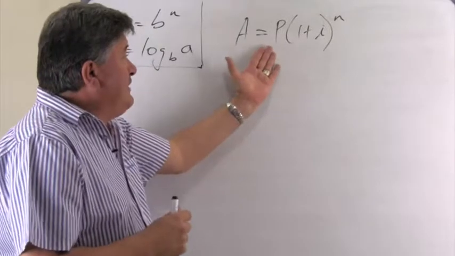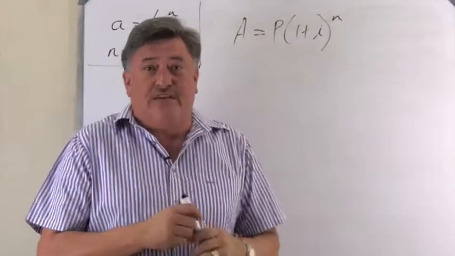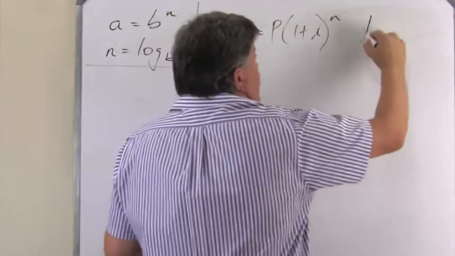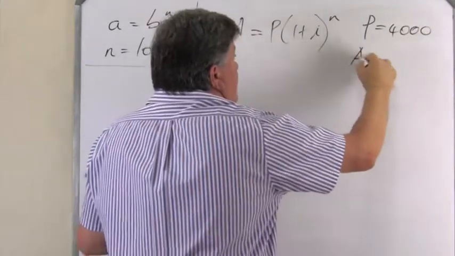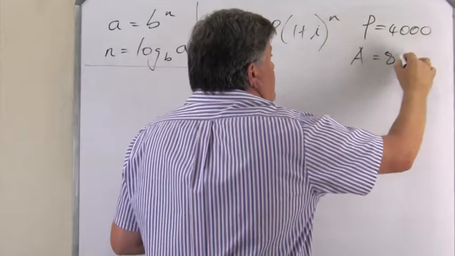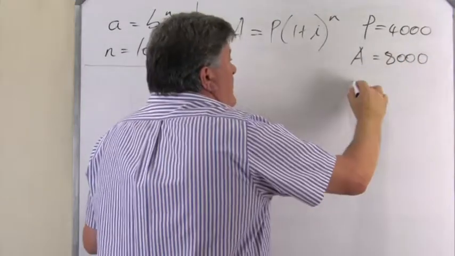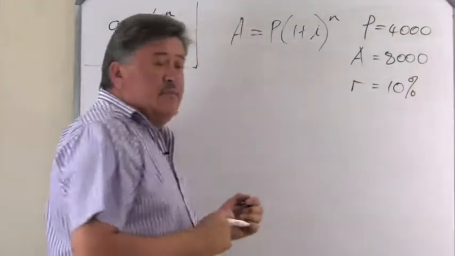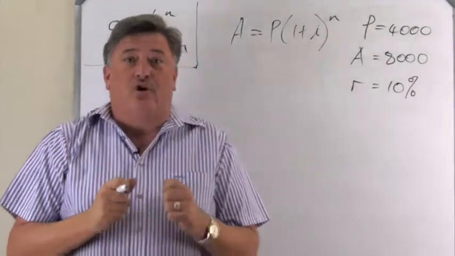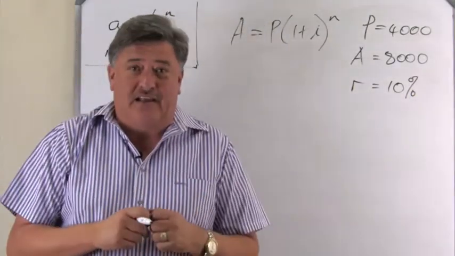So it's still compound interest, A equals P(1 plus i) to the n. He will invest the 4,000 Rand. He wants his money to double to 8,000. The interest rate is still 10% per annum. The difference now is the compounding is half yearly.